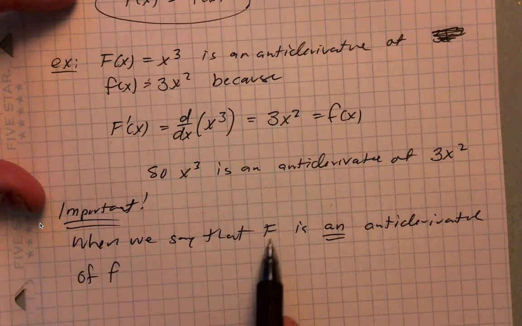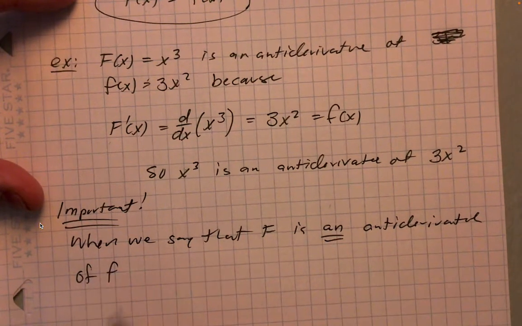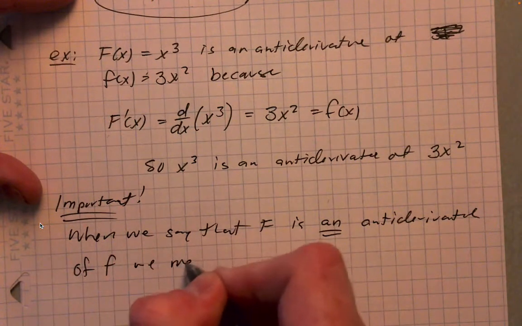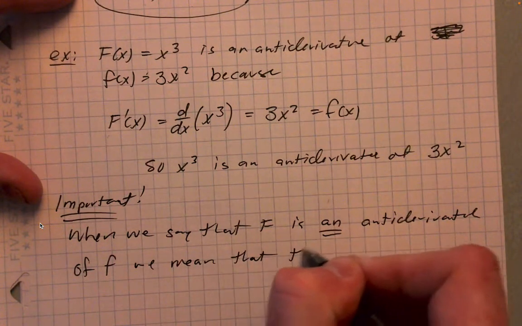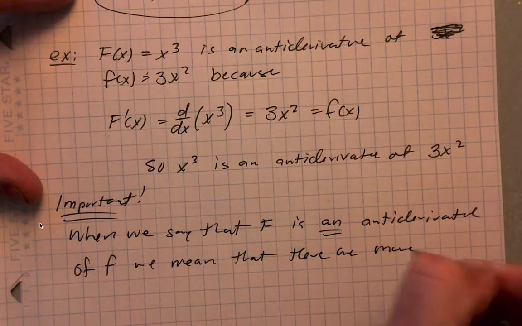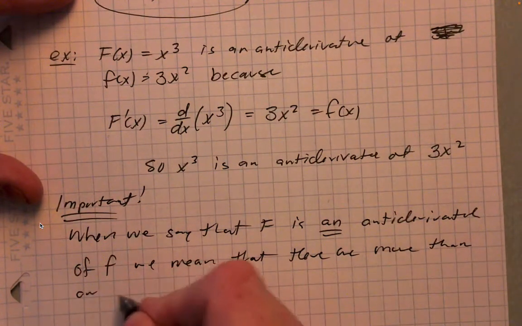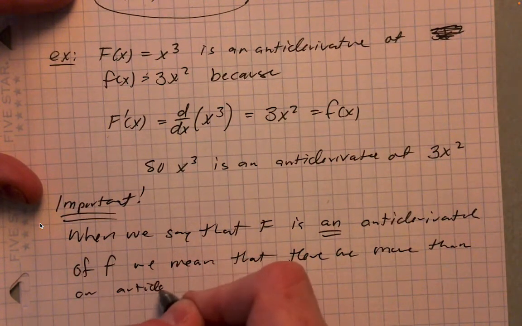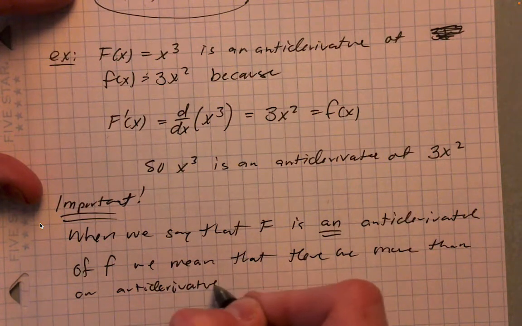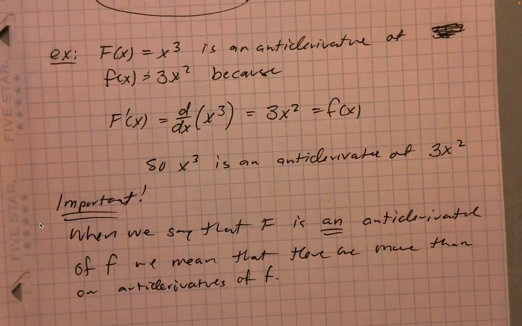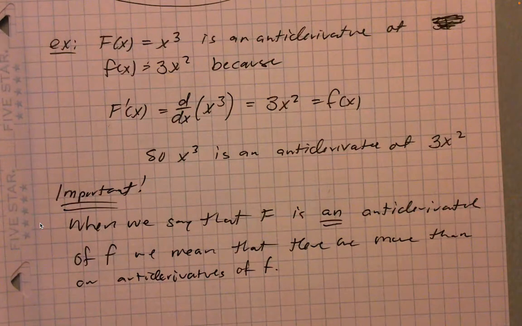So when we say that big F is an antiderivative of little f, we mean that there are more than one antiderivatives of little f. There's an implication there that there are more than one antiderivative, and that is in fact the case.